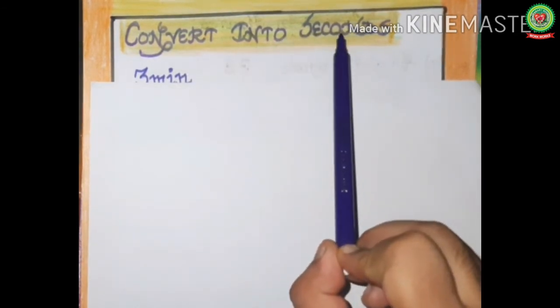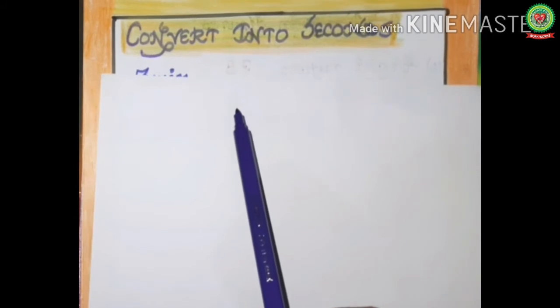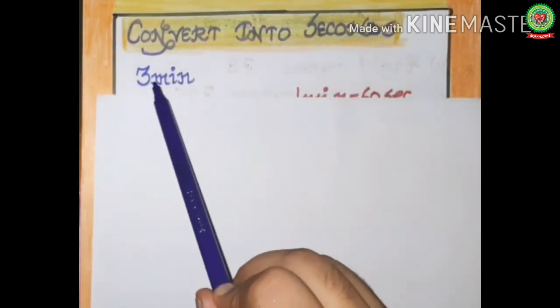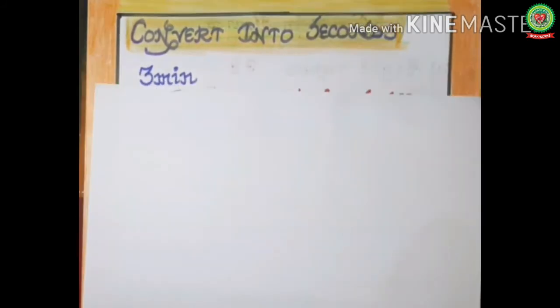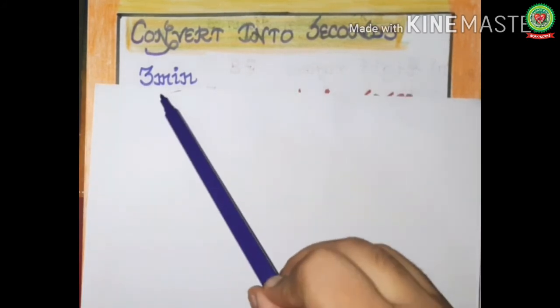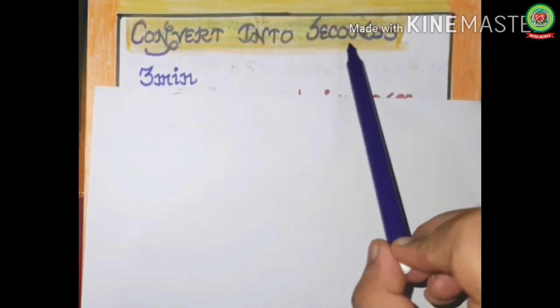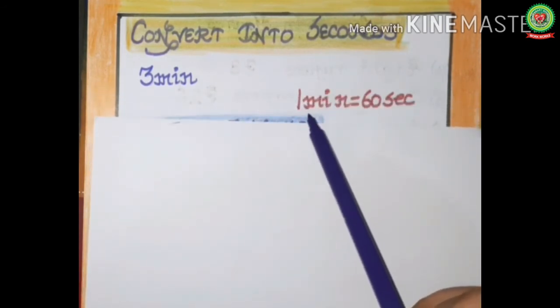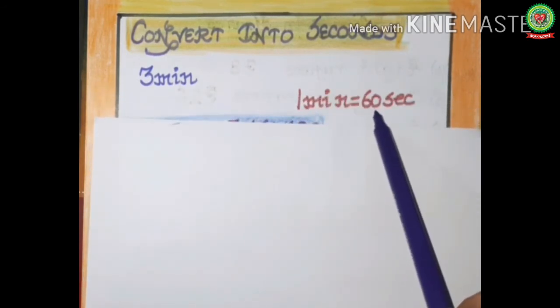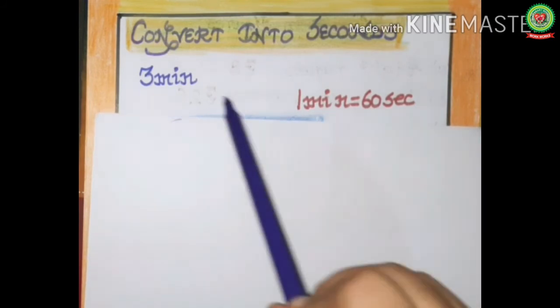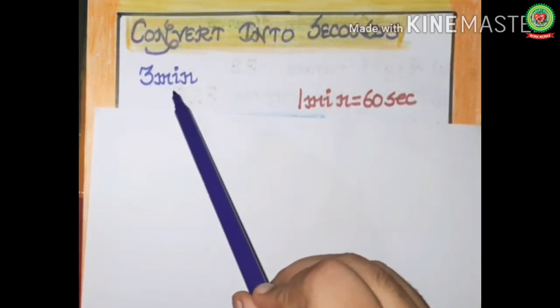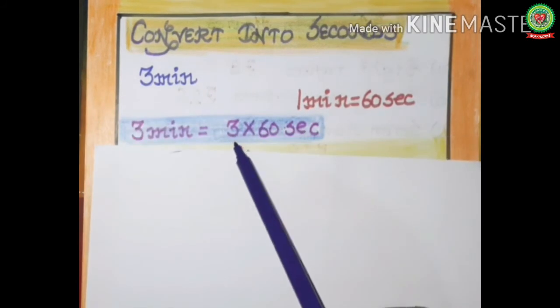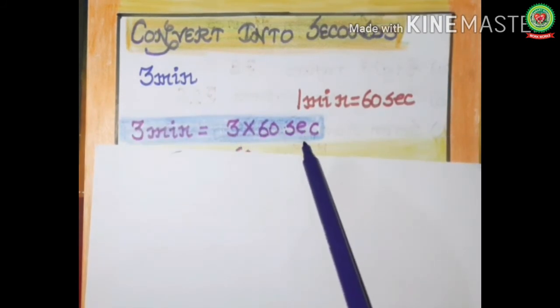Now students, let's understand how to convert minutes into seconds. Convert into seconds. Students, the statement given is 3 minutes and we have to convert this into seconds. Students, in 1 minute there are 60 seconds. So in 3 minutes there will be 3 multiplied by 60 seconds.